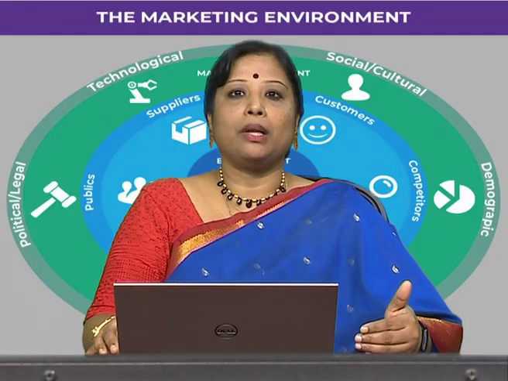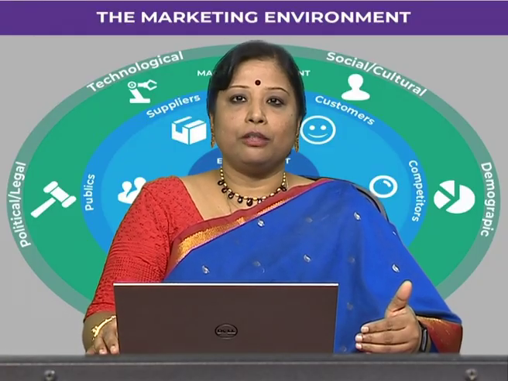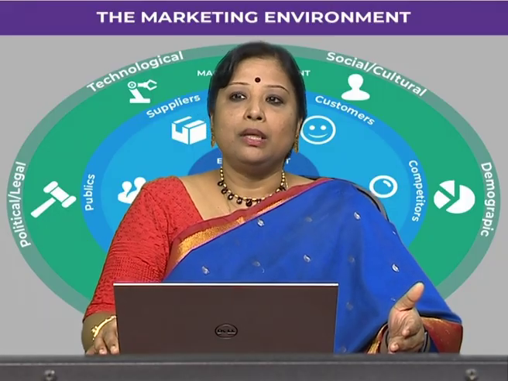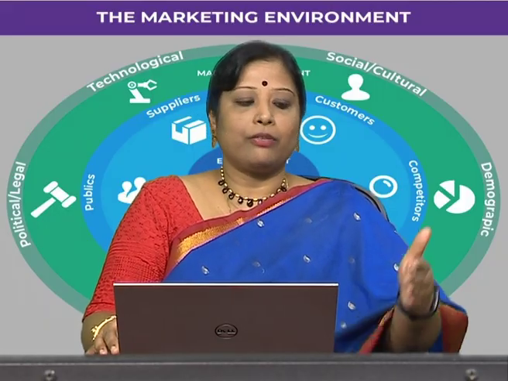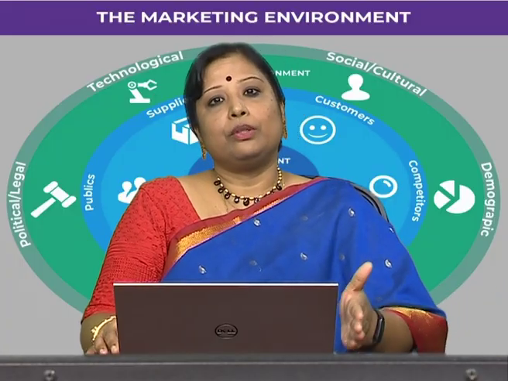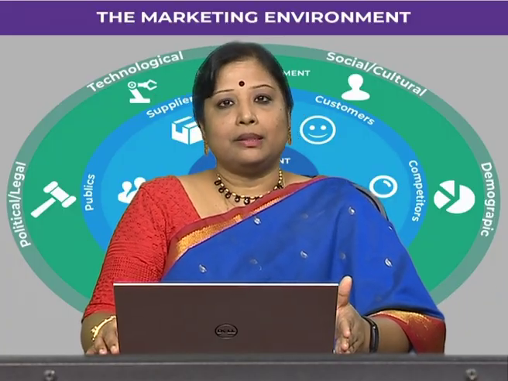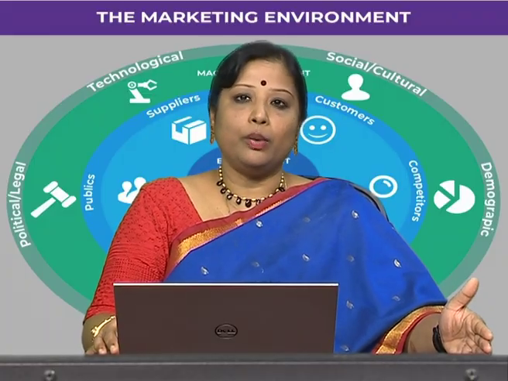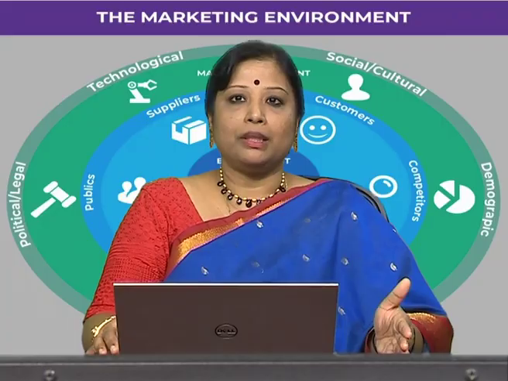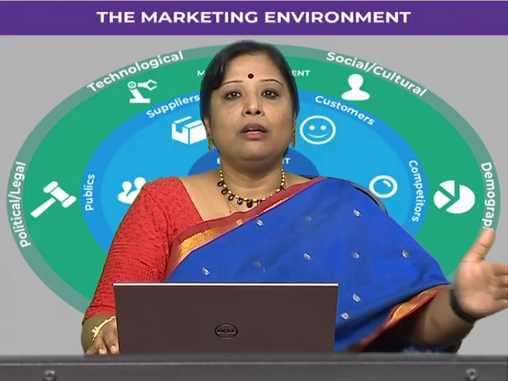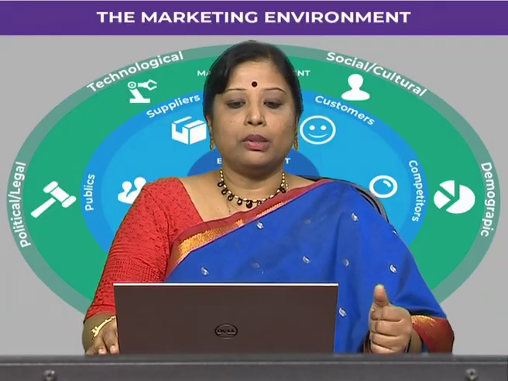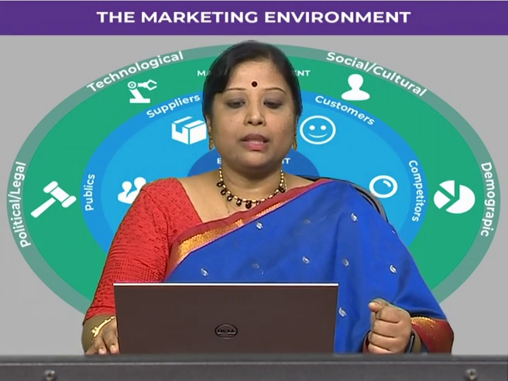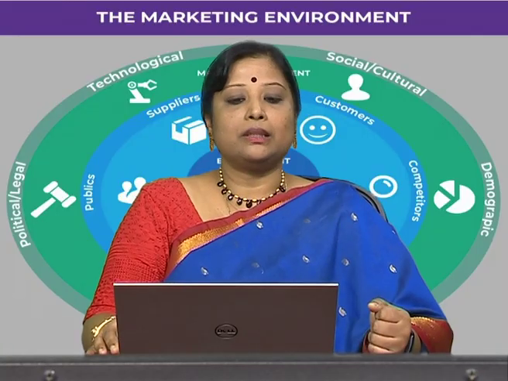The suppliers who supply the raw material needed to manufacture your product, the marketing intermediaries who help the company to distribute the product from the place of manufacture to the place of the buyer. That is, the marketing intermediaries are the link between the producer and the ultimate consumer. They see that the product reaches from the producer to the consumer, the customers who finally buy our products, the competitors surrounding us, and the public.